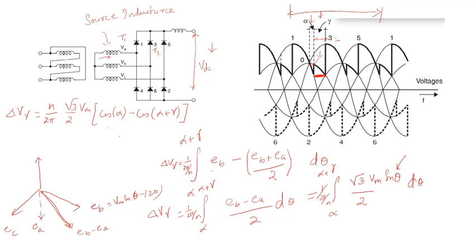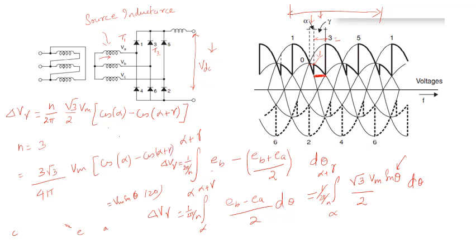Okay. Now for a 3 phase 3 pulse supply, what will you get? If you put n equal to 3 for a 3 pulse supply, you get 3 root 3 upon 4 pi Vm cos alpha minus cos alpha plus gamma.